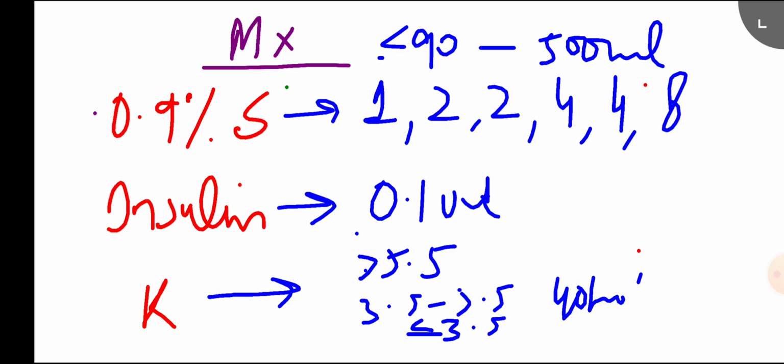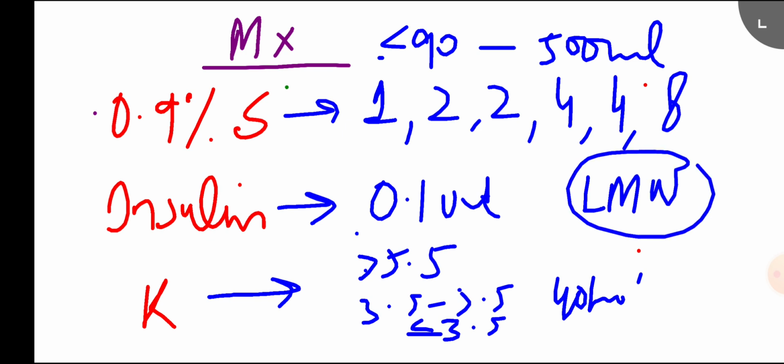Now another thing is that this patient is dehydrated, so it's a hypercoagulable state, DKA. So you need to give a low molecular weight heparin as well if it's not contraindicated. So that is the management, and that's how you give the saline and the potassium and the insulin.